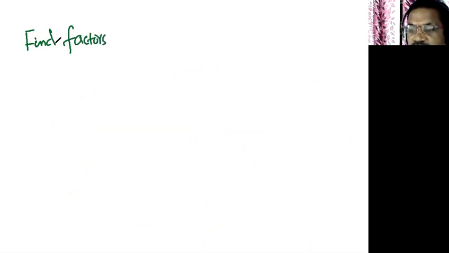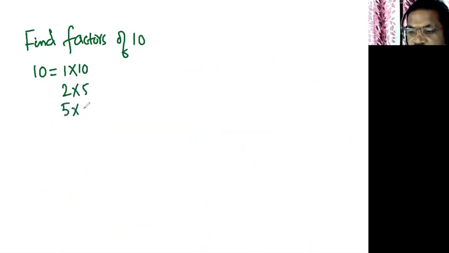Now let us take a simple small number. Find factors of 10. So we can find directly also. 1 10s are 10, 2 5s are 10, 5 2s are 10. We can stop here.